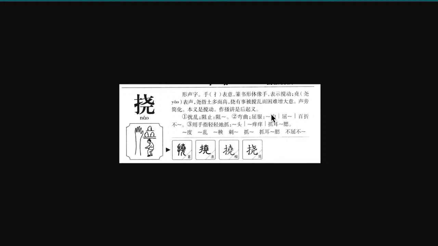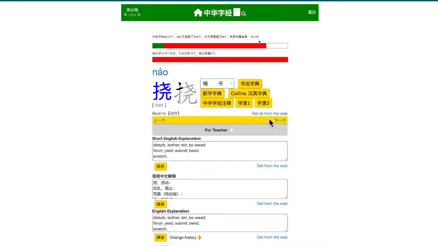When you're facing a big amount of dirt, whatever you want to do, whether you want to pass here, go over it, or farm on it, the job becomes more difficult. Okay, so this is 扰.